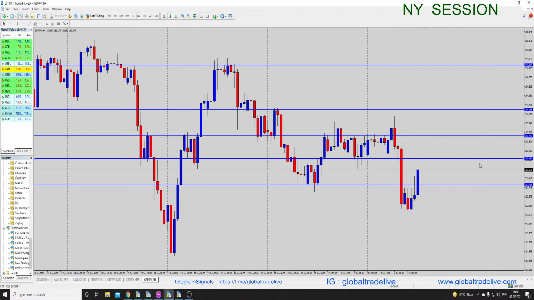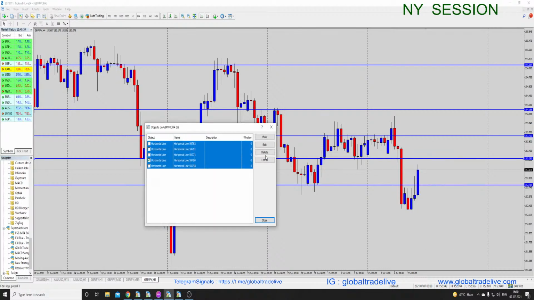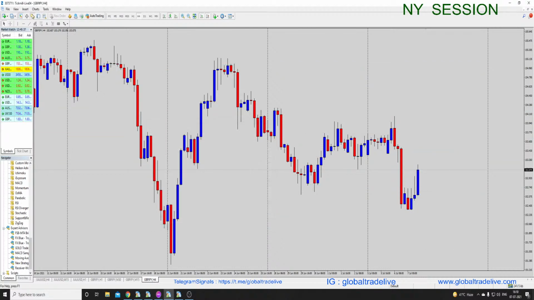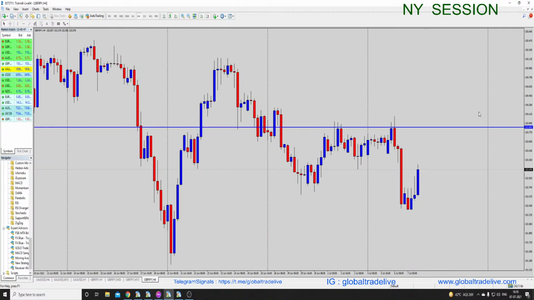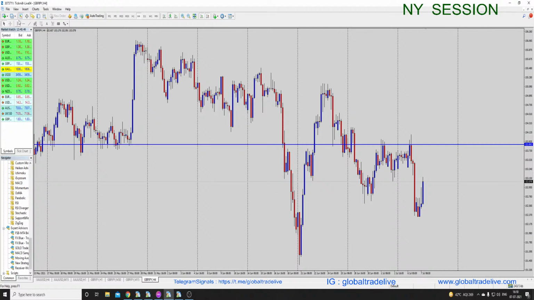Okay, so let's check where we were coming from. Let's remove everything from the graph and reanalyze everything. We were coming from this point, and this point, as you can see, is a strong zone if we look at the left. Now we need to see where we came to. It came to around this area over here.